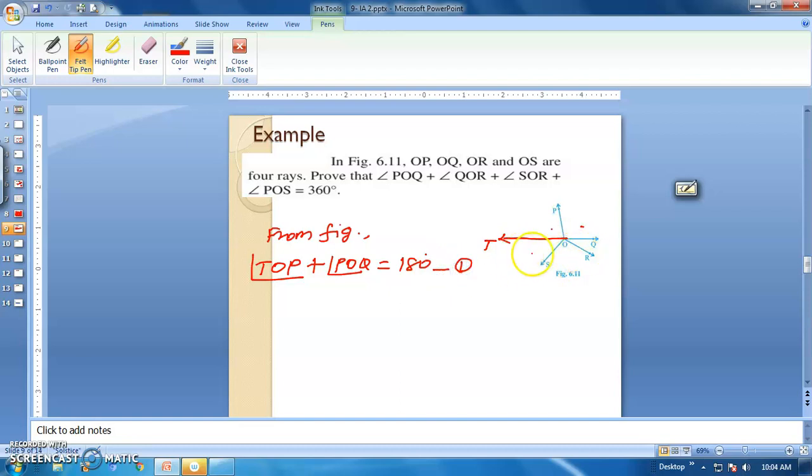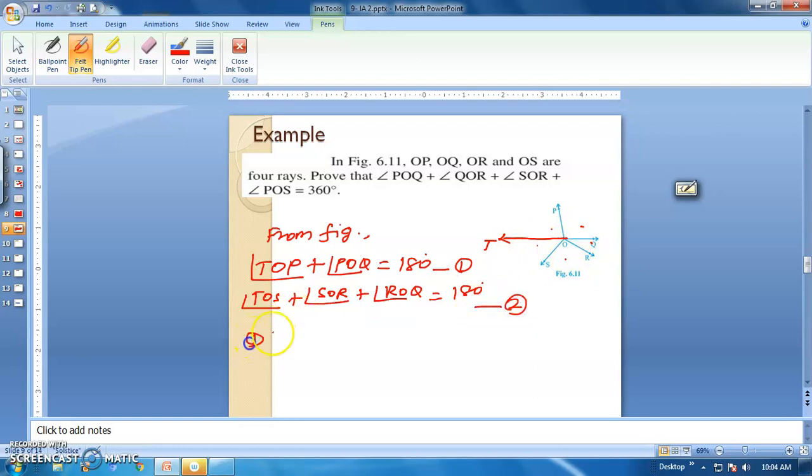And what about down here? Sum of the 3 angles, that is angle TOS plus angle SOR plus angle ROQ, equal to 180 degrees, because down also it is a straight line, which can be divided into 3 parts. That is equation number 2. Now add 1 and 2.